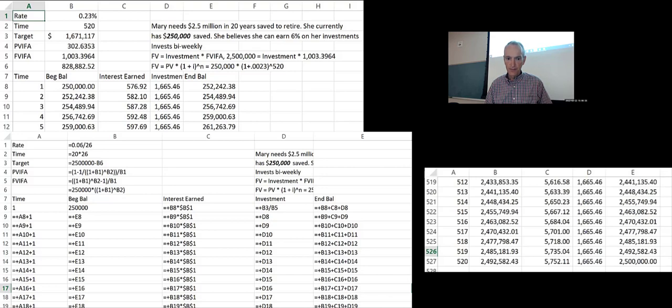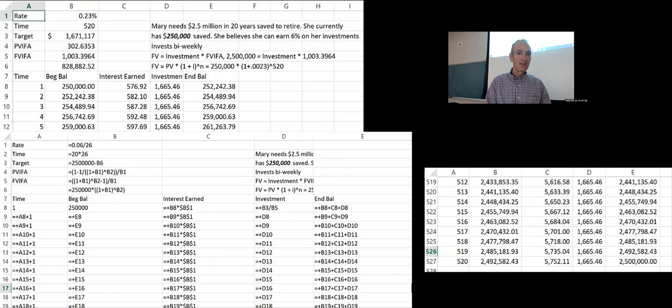So 250,000 times 1 plus 0.23 raised to the 520. That $250,000 should be worth $828,000 in 20 years. Anybody disagree with that? So the future value equals the present value times 1 plus the rate raised to the n. Anybody want to disagree with that? Anybody confused about that?